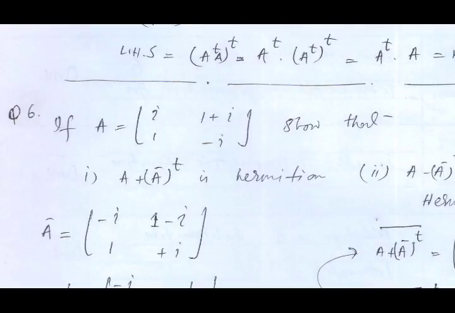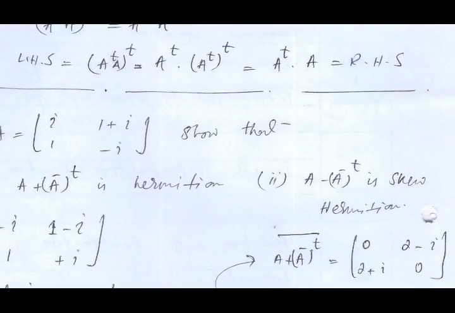Now question number 6. A is equal to the matrix with iota, 1 plus iota, 1 minus iota. We show that A plus A bar transpose is Hermitian, and A minus A bar transpose is skew Hermitian.